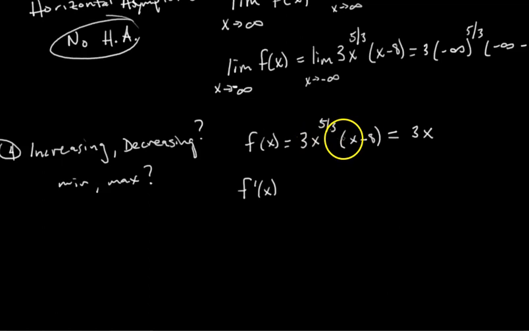You're multiplying together things with the same base, so you can add the exponents. 5/3 plus 3/3 is 8/3. And then 3x to the 5/3 times -8 is minus 24 times x to the 5/3. So this is the same function f of x, just rewritten in a way that's easier to take the derivative.